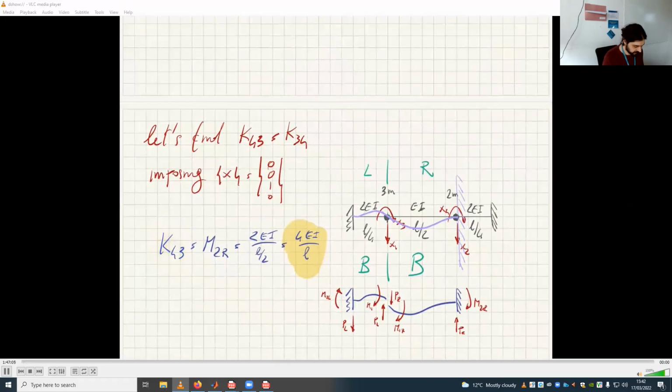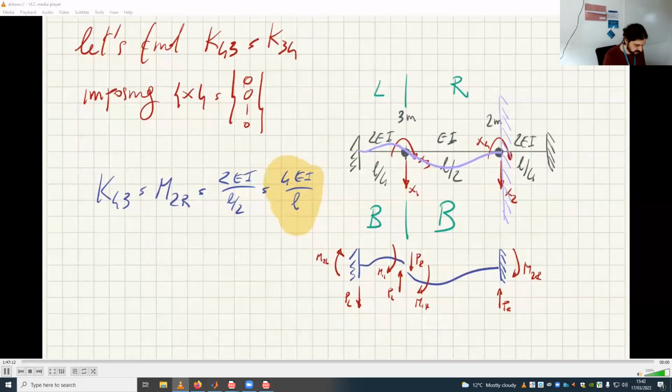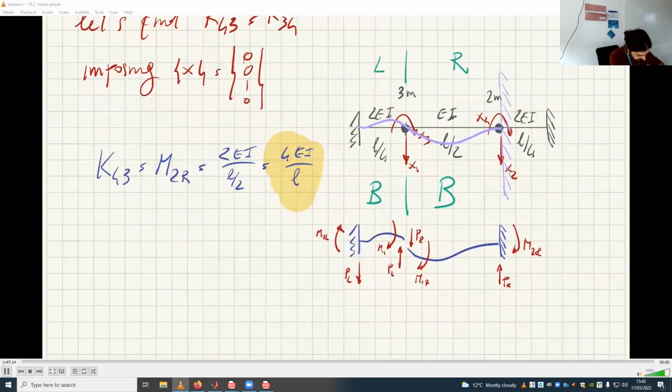Well, in this case, if I wanted to find K33, let's find K33. To find K33, I argue that this is M1L plus M1R. This is M1L plus M1R.